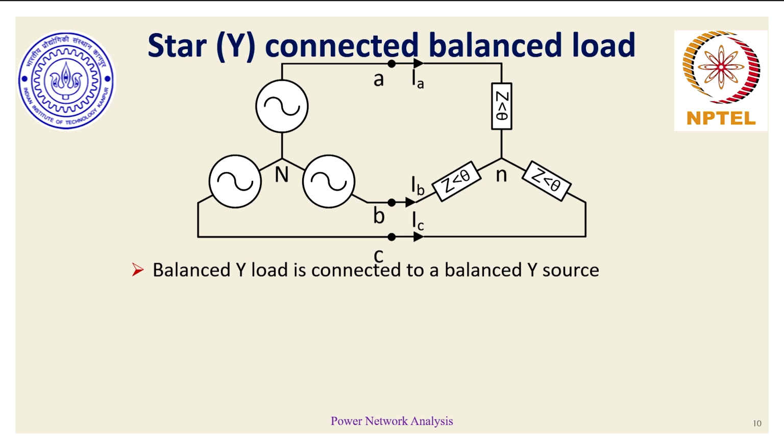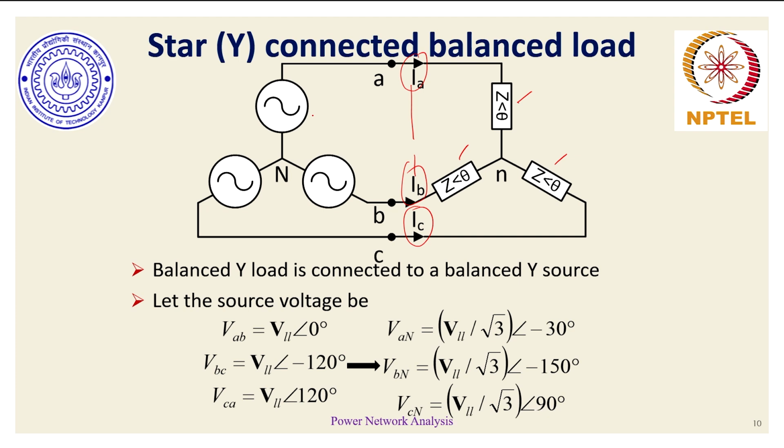Suppose now we have a balanced load connected to a balanced star-connected generator. The idea here is to find the corresponding phase currents, which are IA, IB and IC. We can apply a simple KVL, and the load here is balanced because all three phases have the same quantum of load. So to find these currents, first of all I have to know what my source voltages are.